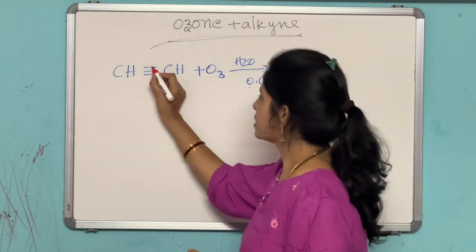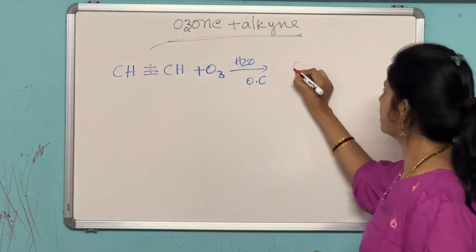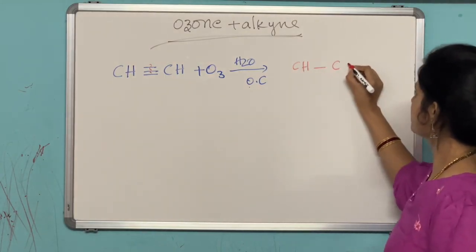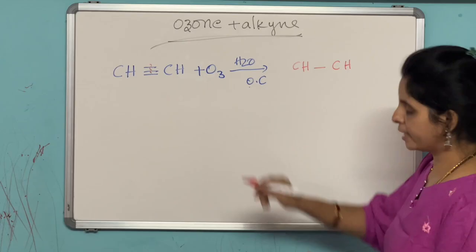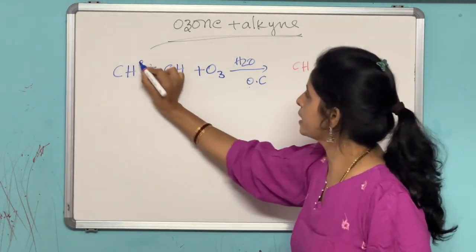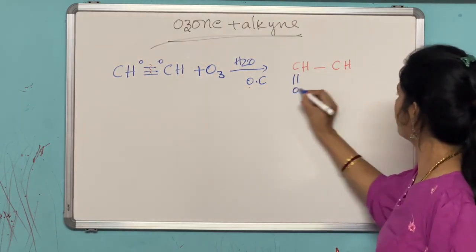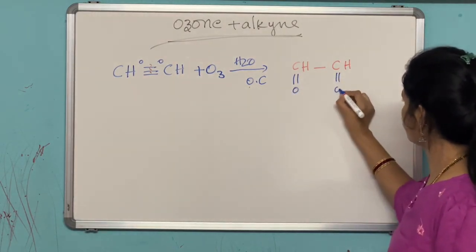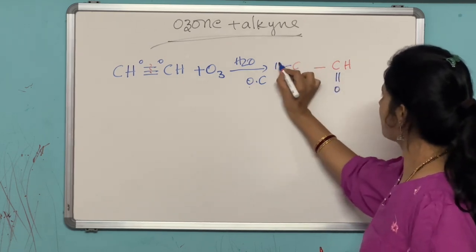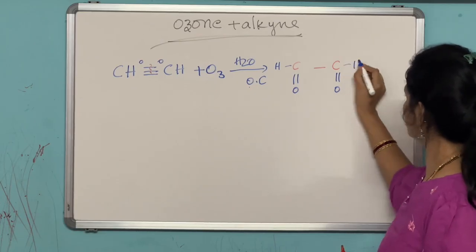You just simply cleave these 2 pi bonds, and here CH, single bond CH, and instead of those 2 pi bonds, you place 1 oxygen here, 1 oxygen here. So here I am writing C double bond O, C double bond O. That's it. For our convenience I am writing this hydrogen with a bond.